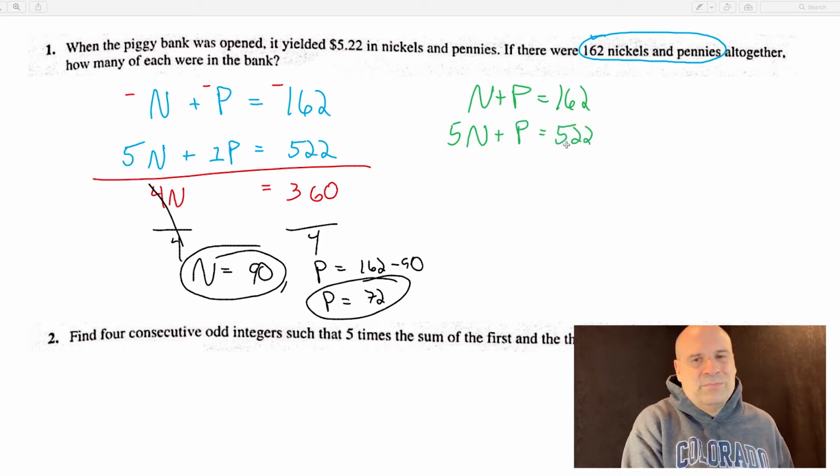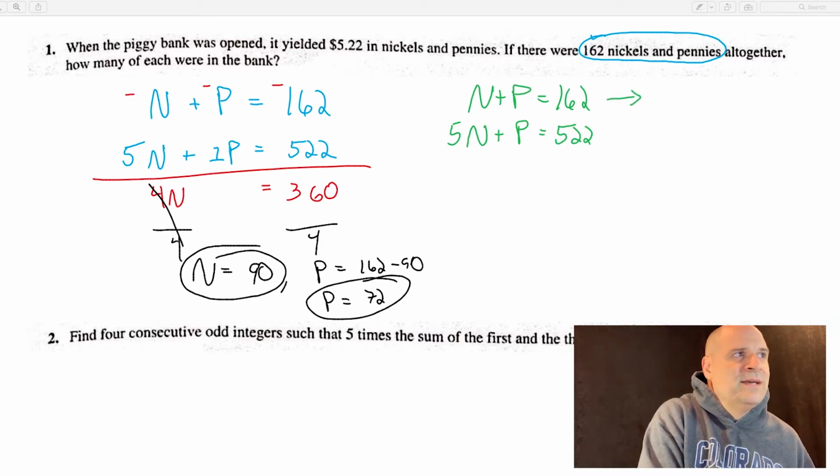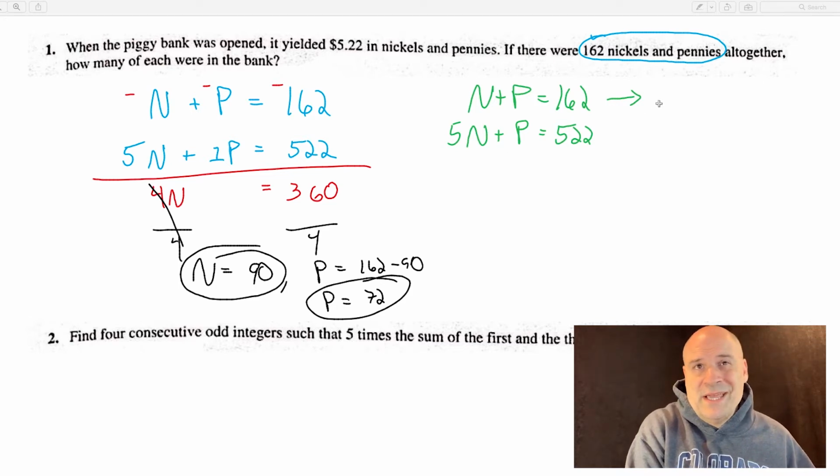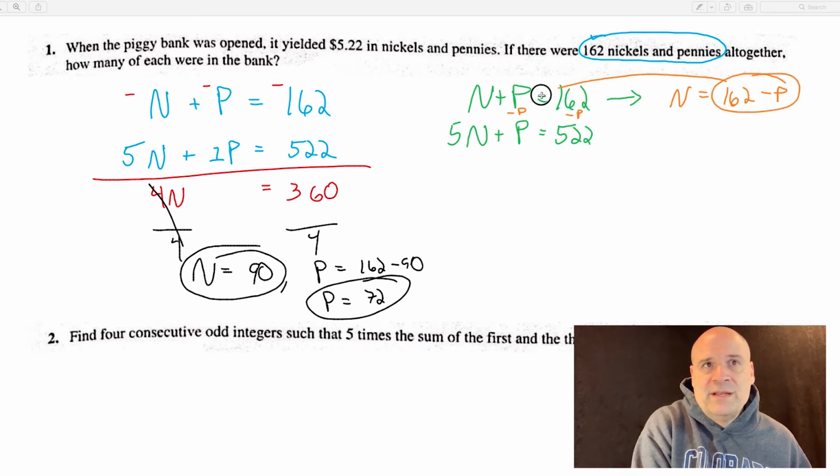I'm not going to say 1p because 1p is just p. I'm going to rewrite this one to get n by itself: n equals 162 minus p. All I did was subtract p from both sides. Now I can plug that in for n.